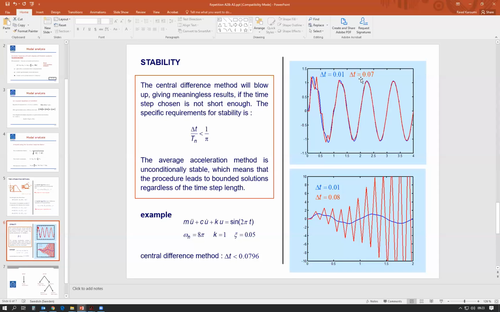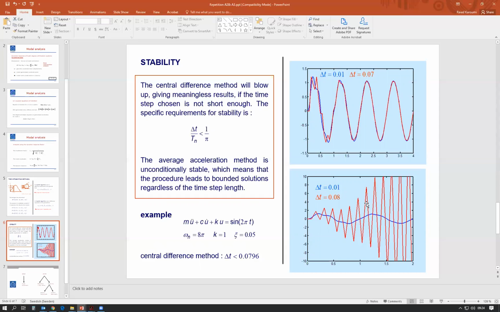By doing the analysis for these two time steps, we find that the response is more or less the same, from which we can conclude that the delta t is small enough. On the other hand, if we just increase the delta t from 0.07 to 0.08, which is a tiny difference, we will get a crazy unstable solution.